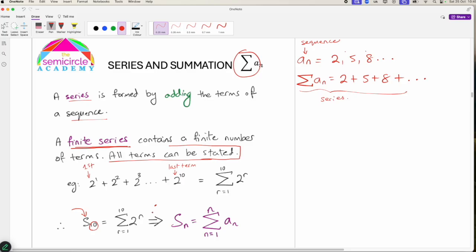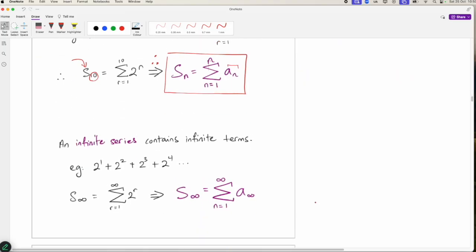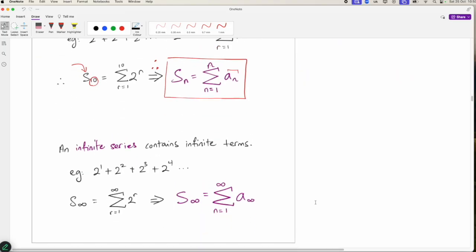Therefore, the series with n terms will be the summation of the sequence from n is 1 to n, whatever n actually ends up being in the end. So that's for a finite series.